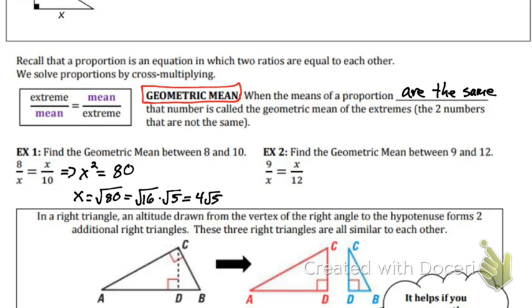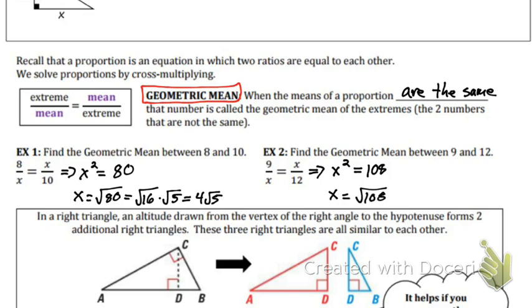On the next one, I'm supposed to find a geometric mean between 9 and 12. So we set it up just like that, where we have a 9 and 12 on our two extremes, and we're looking for that number that fits as our means being the exact same. In this case, we use cross multiplication to get x squared equals 9 times 12, which is 108. I'll take the square root of both sides to come up with x equals the square root of 108.